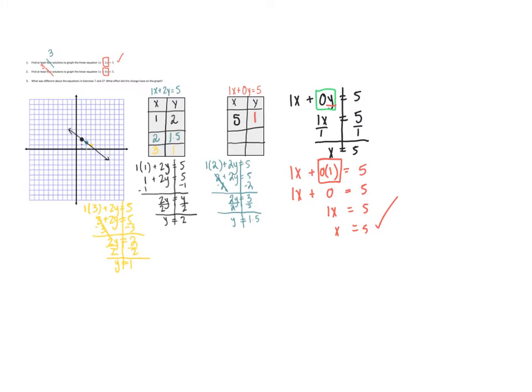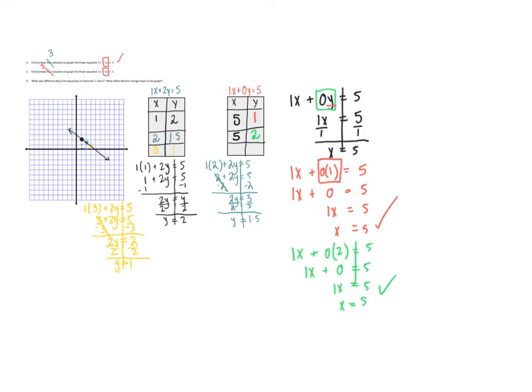Well, what if y is a 2? So if I do 1x plus 0 times 2 equals 5, well, I get 1x plus nothing equals 5. 1x equals 5 again. So x equals 5 again. So that means that worked. So when x is a 5, y is a 2 as well?